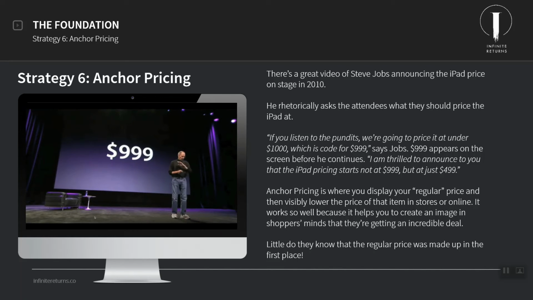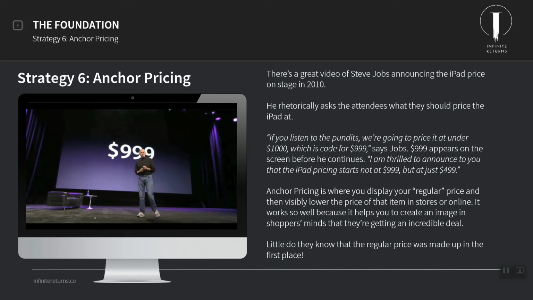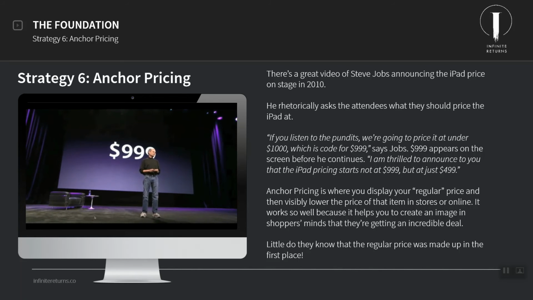And just like we were able to meet or exceed our technical goals, we have met our cost goals. And I am thrilled to announce to you that the iPad pricing starts not at $999, but at just $499.